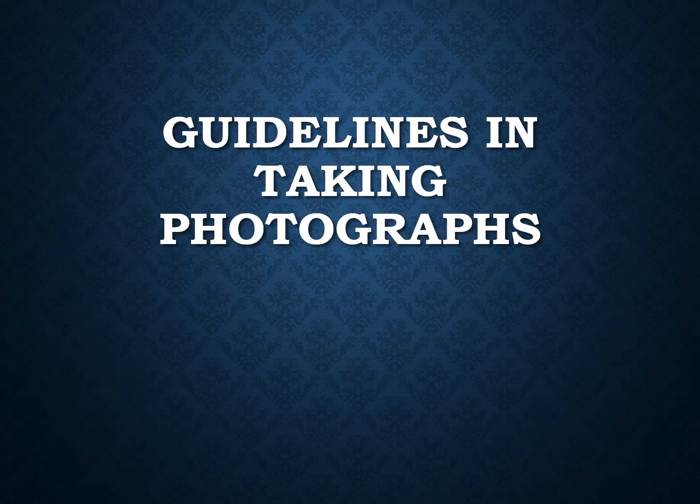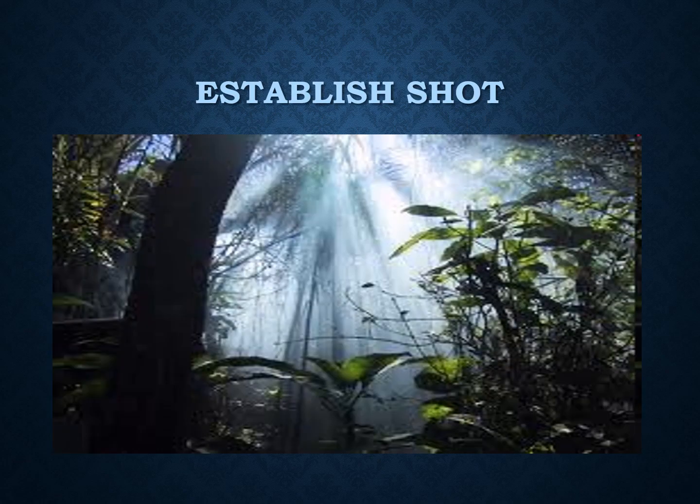So here are the guidelines in taking photographs. There must always be an established shot. Established shot would be the general view or the long-range view. So it shows if the crime scene is situated in a residential area, or in a farm, or in a building.